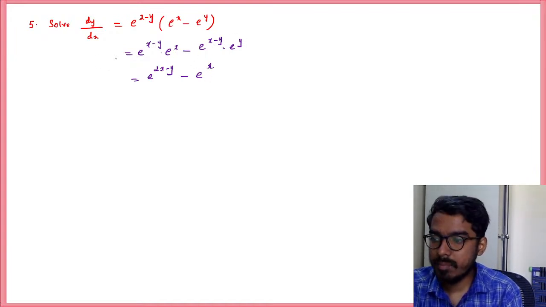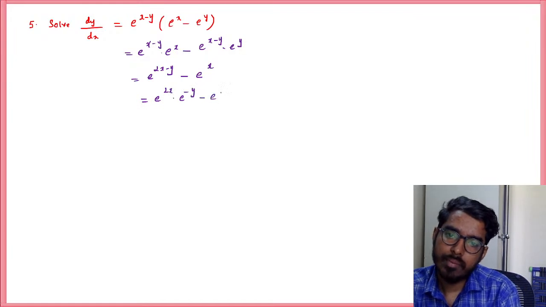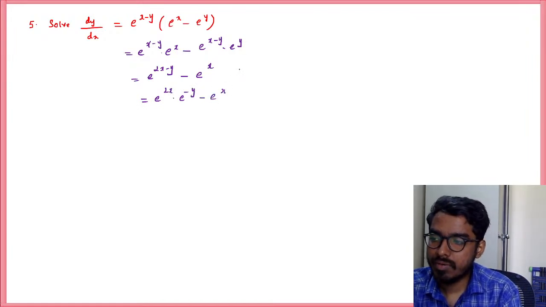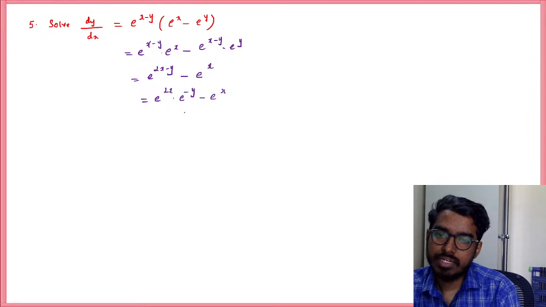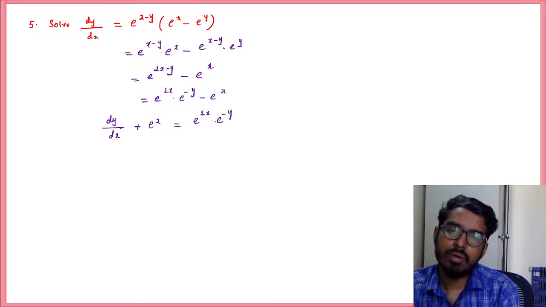So you will have dy by dx is equal to e power 2x into e power minus y minus e power x. Okay. Let's bring this term to here. We will have dy by dx plus e power x is equal to e power 2x into e power minus y.